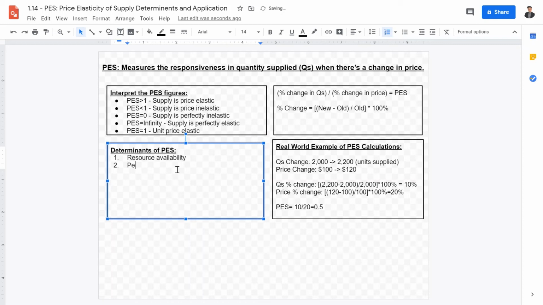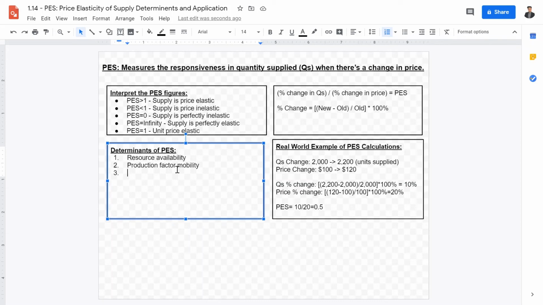A second very important factor is production factor mobility. What do I mean by that? Well, when producing a car, the assembly line is extremely complex. It is not something you could just change overnight. It will take swarms of engineers, a lot of research and hard work to change the assembly line from a car to another good.